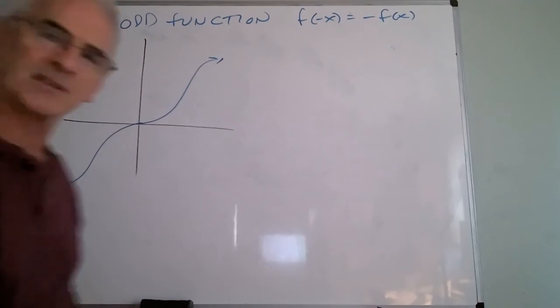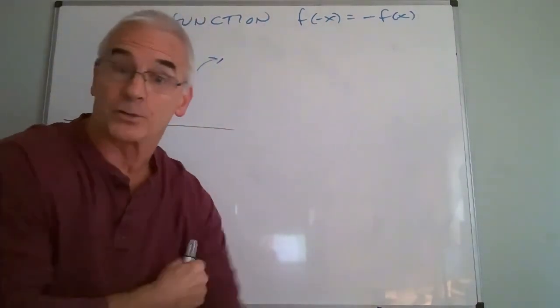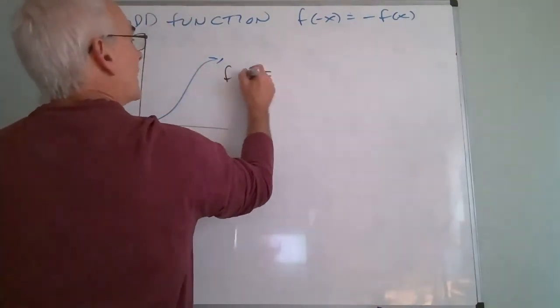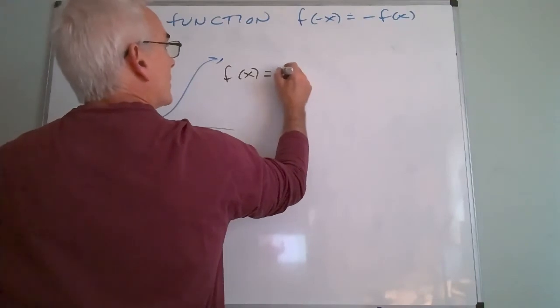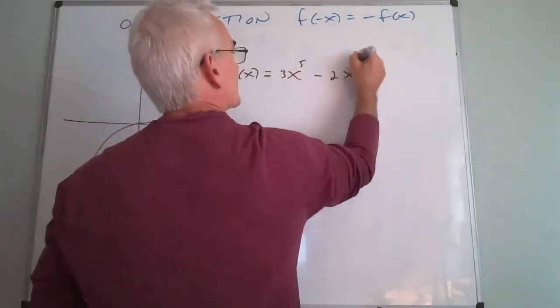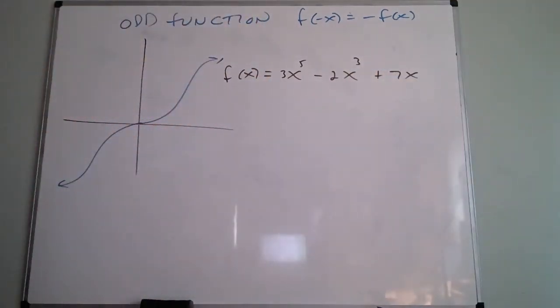So what sort of things are odd functions? Well, certainly polynomials of odd degree. So let's start with a polynomial of odd degree. So I've got, how about 3x to the 5th minus 2x cubed plus 7x. Each of these exponents is odd. Okay, a constant is of even degree, so that wouldn't work here.